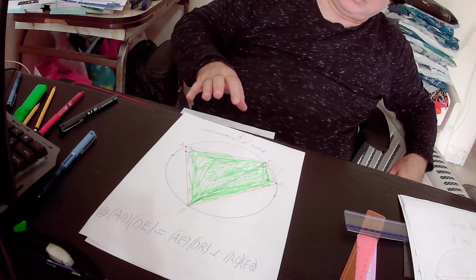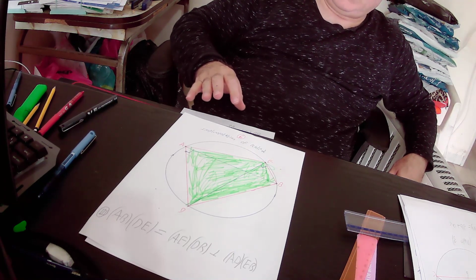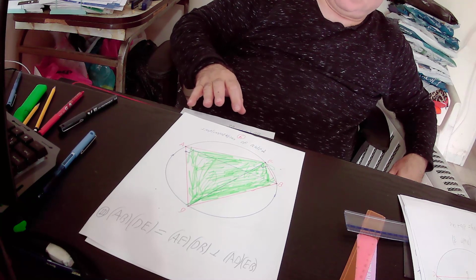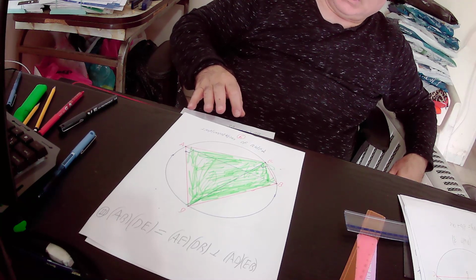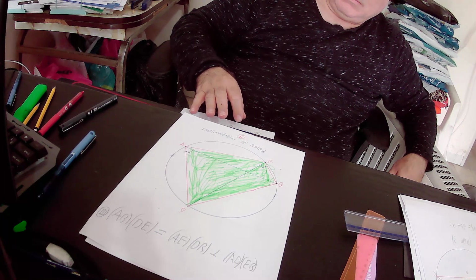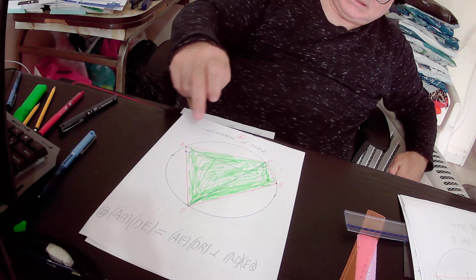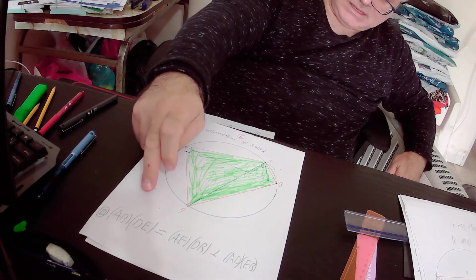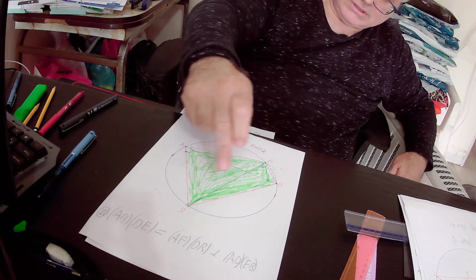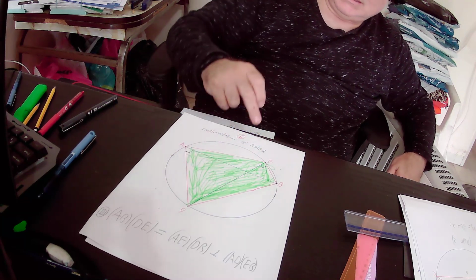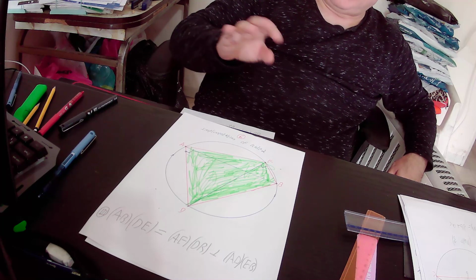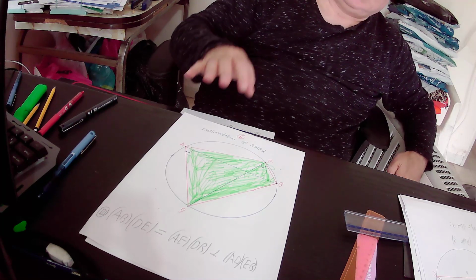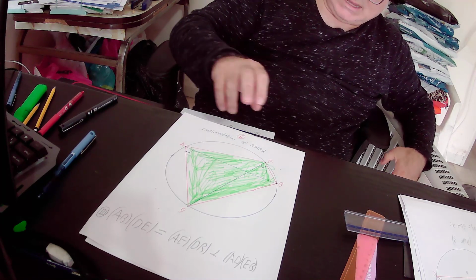And according to rule number 3, the product of quadrilateral AEBD diagonals is AB times DE, and it equals the sum of the products of its opposite sides.